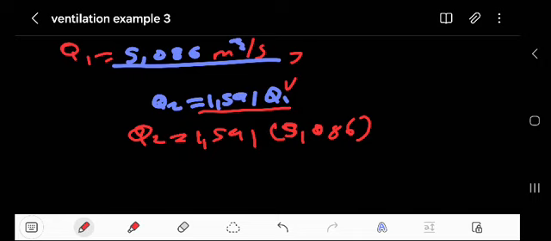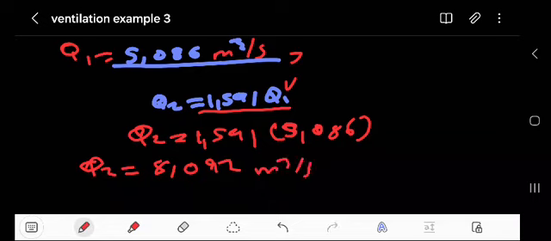This will be 8.092. Q2 will be 8.092 cubic meters per second, right? This is in cubic.